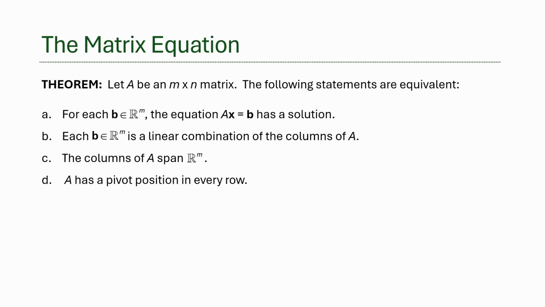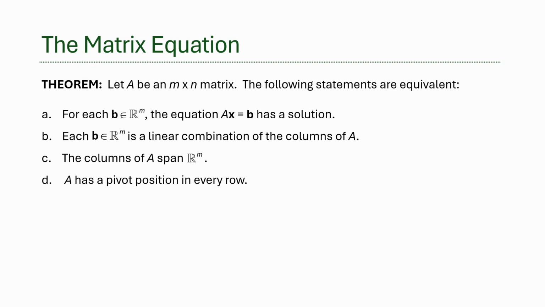Here is a theorem that generalizes what we talked about on the last slide. If we start off with an m by n matrix, then the following statements are all equivalent. That means if one of them is true, then all four of them are true. Notice that I haven't said anything about the b vector in the setup here. So if you look at statement A, this theorem is making a very broad statement.